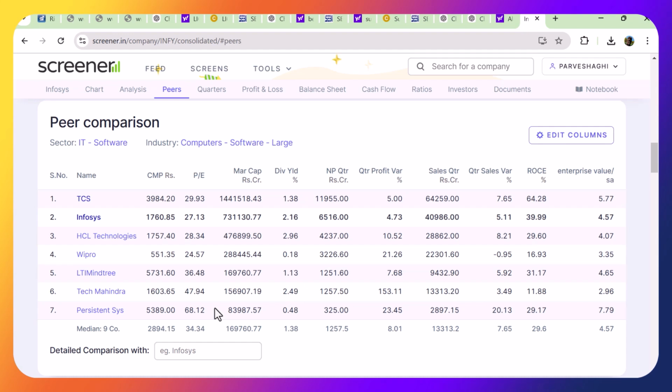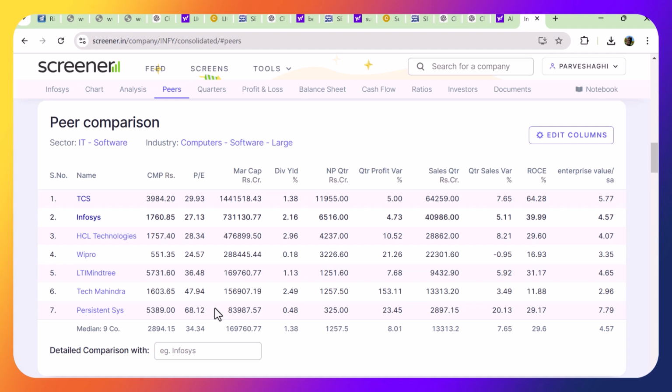Wipro. Now, Wipro is cheaper, but it doesn't mean the company is worth investing in. It is undervalued compared to the industry median today, but it may not have good growth prospects.